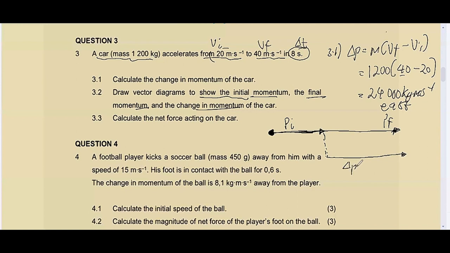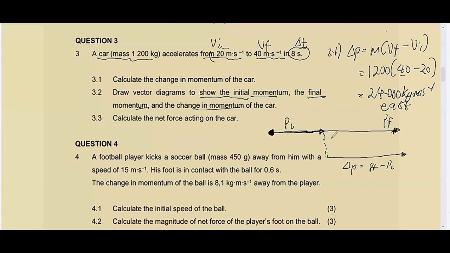But we understand that our change in P is PF minus PI. So obviously, if you subtract the two, the change in momentum will be lower, because this is just the difference between the final momentum and initial momentum.